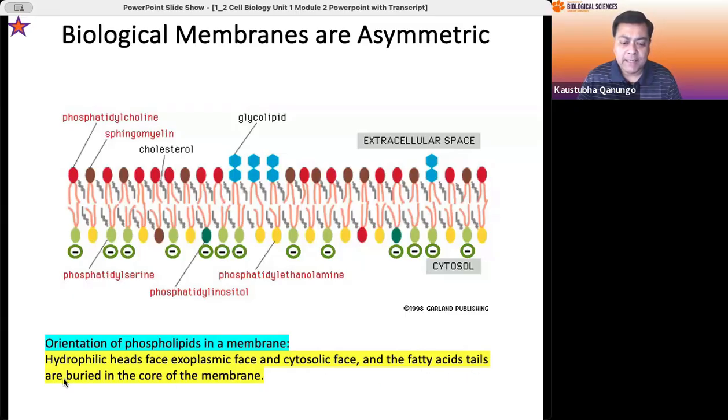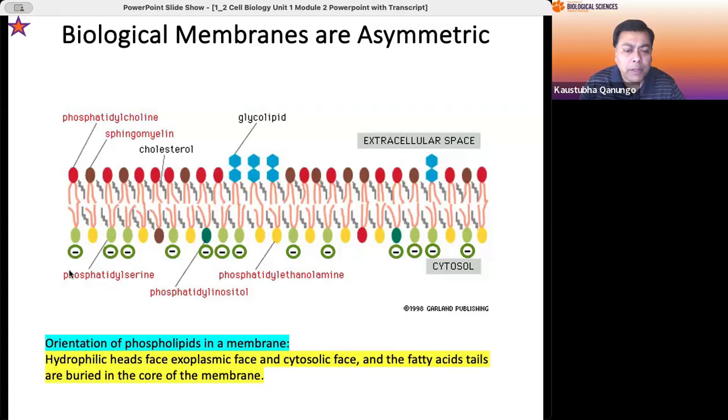The fatty acid tails are buried in the core. Remember that. So what do we mean by membrane asymmetry? If you look at the outside of the membrane and the inside of the membrane, they are not made of the same lipid molecules. So here you can see phosphatidylcholine, sphingomyelin, cholesterol. There are some glycolipids. These are lipid anchored proteins right here.